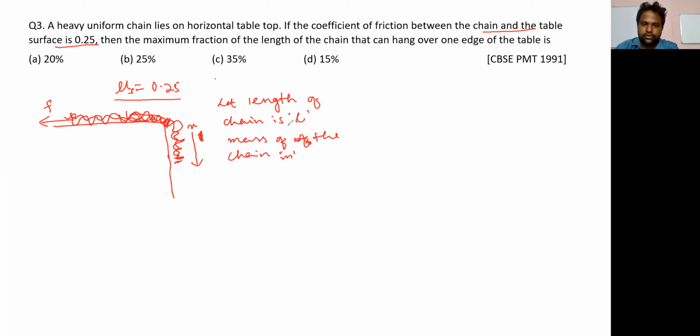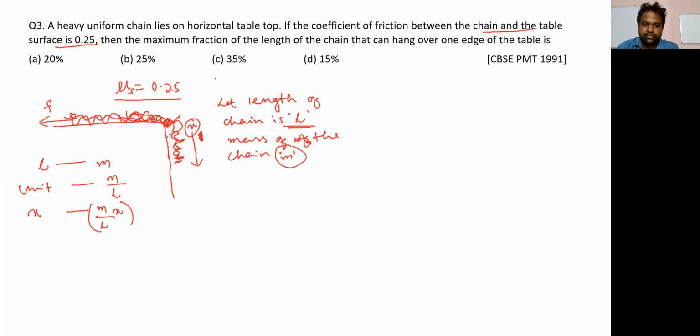Now, if total length is L and mass is M, what will be the mass of this x length? We can calculate easily using the unitary method. Total mass is M, so for unit length, mass is M by L. For x length, it is M by L into x.